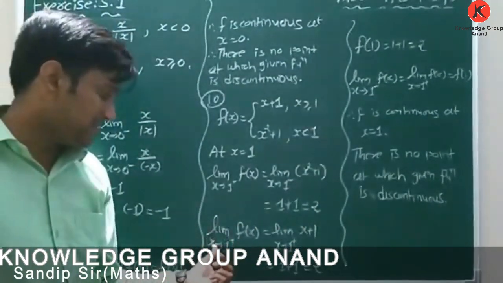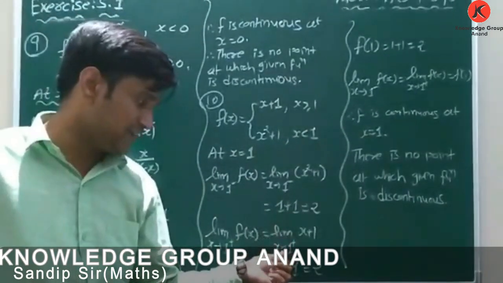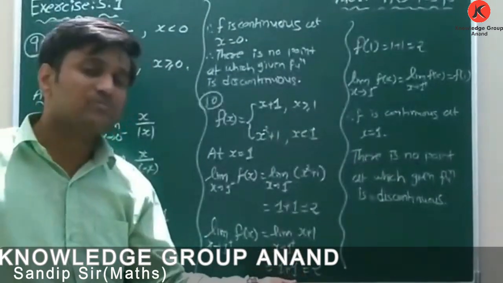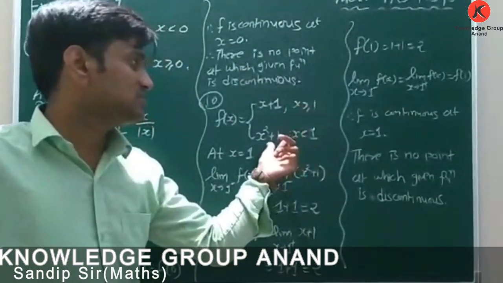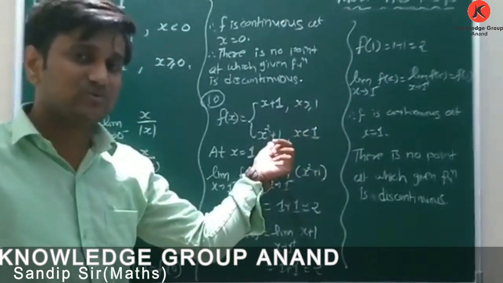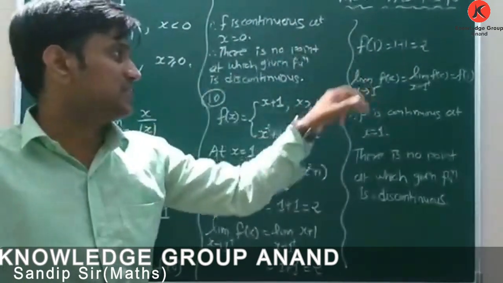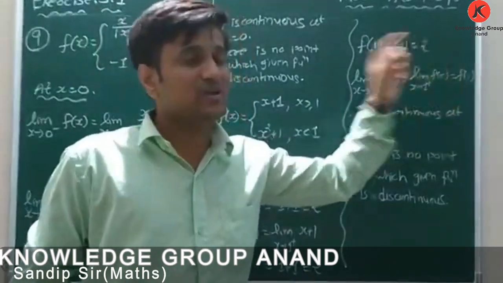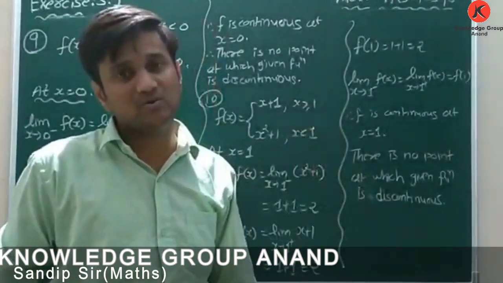And limit x tends to 1 plus f of x, slightly greater than 1, that means x plus 1, again 1 plus 1 is equal to 2, and f of 1 gives the same function, and in place of x we put 1, 1 plus 1 is equal to 2. That means the left hand side limit, the right hand side limit, and the function value at that point are the same, so f is continuous at x is equal to 1.